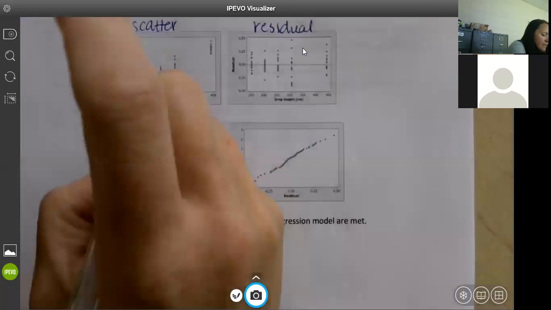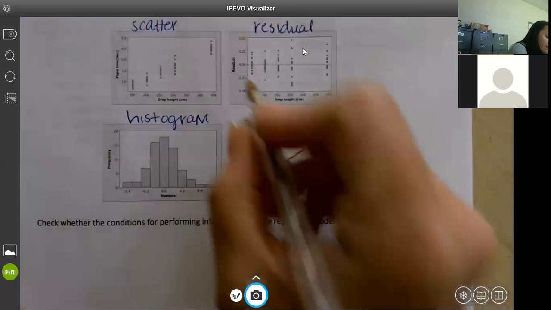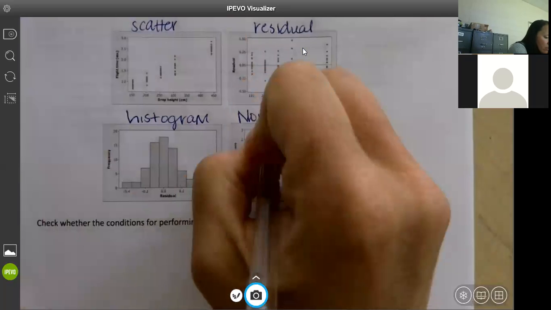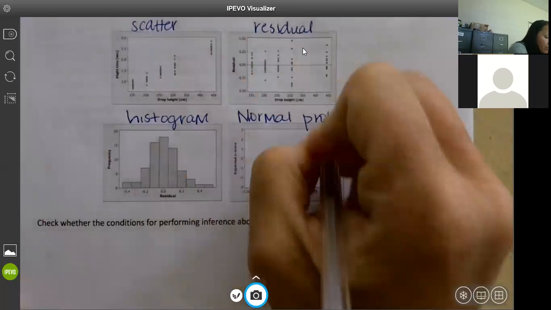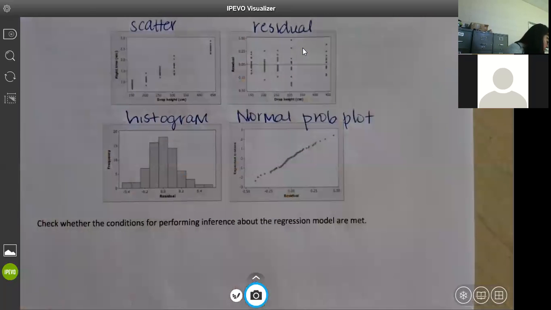This obviously is the histogram. And this one is the normal probability plot. Check whether the conditions for performing inference about the regression model are met.